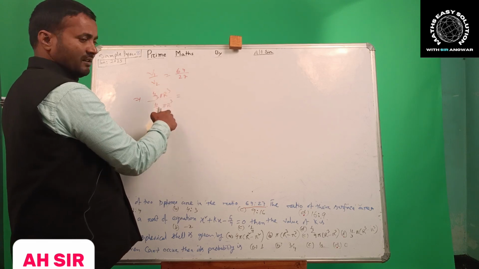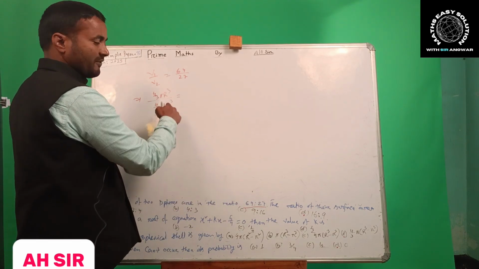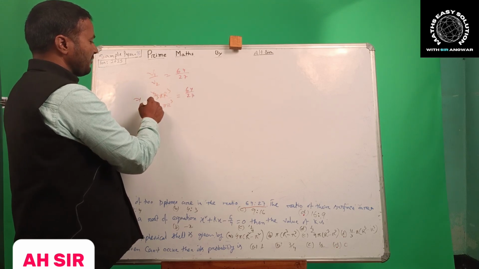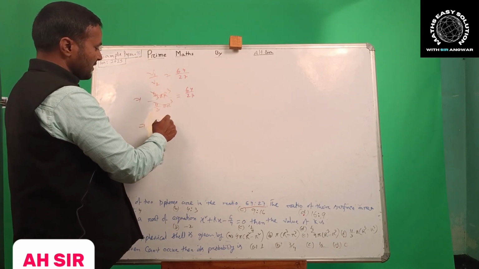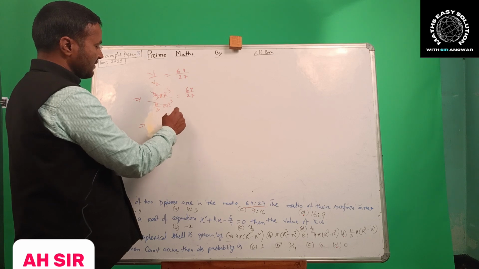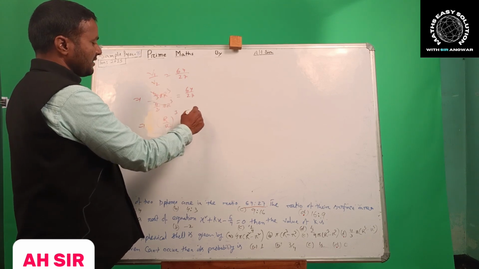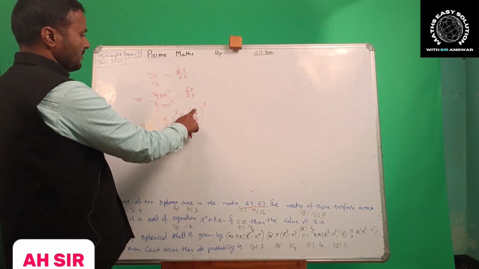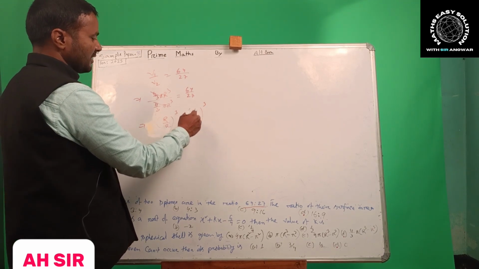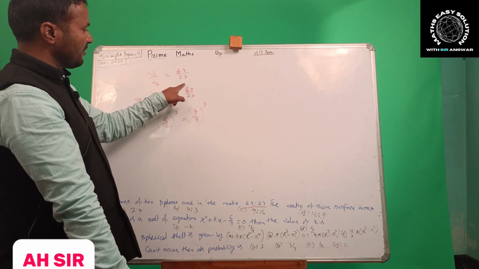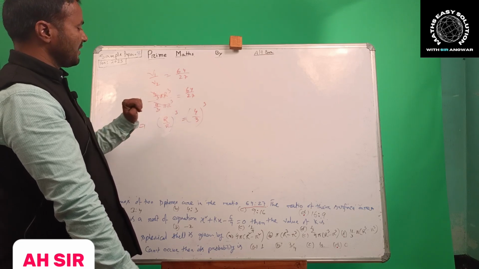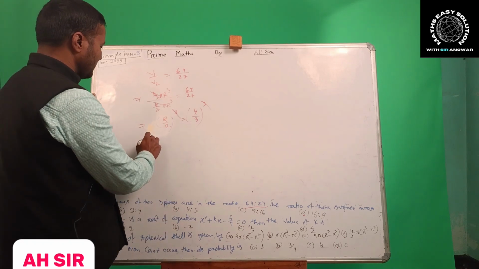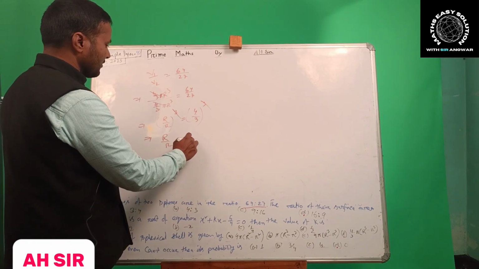Only r is different here because volume difference is radius difference. Here 64 by 27. 4 by 3 pi, 4 by 3 pi cancel. Capital R by small r, cube common. Here is 8 by 3 cube. Not 8, sorry, 4 by 3. 4 into 4 into 4, 64. 3 into 3 into 3, 27.